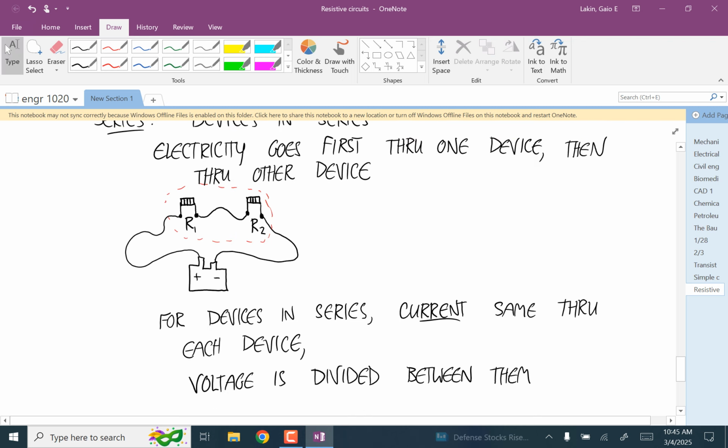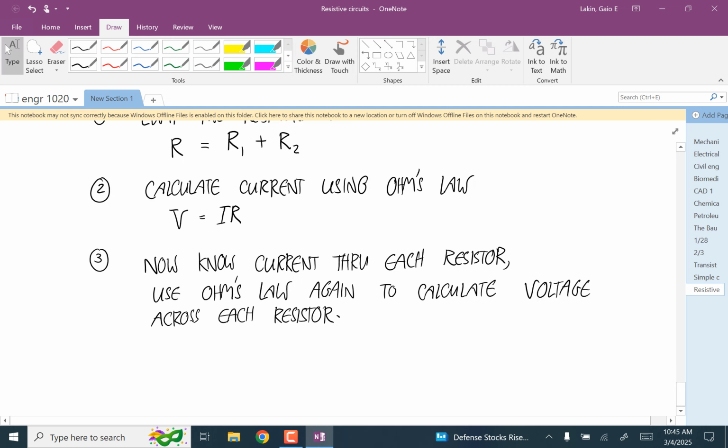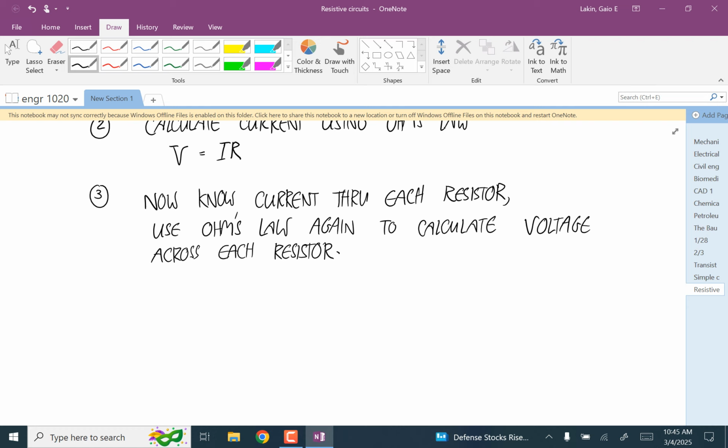So for the first example, and now I'm going to introduce this. I've been just drawing these pictures of wires and batteries and stuff. But I'm going to introduce some schematic symbols that mean the same thing. So if you see something like this with a long side and a short side, that's a battery.